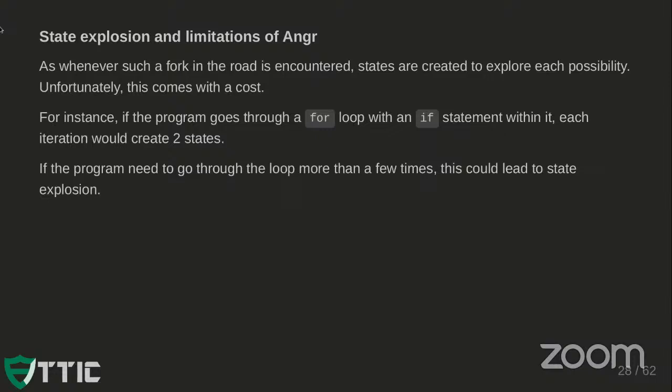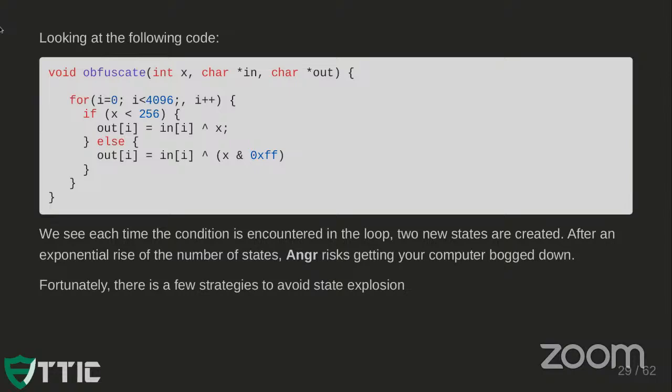Let's look at this example. Yes, this check could be optimized out of the loop, but that's not the point. Let's say you have a check that you must do inside the loop. The first time you do it, it will create two states, and at the second iteration, each state will go through the loop again and create two more states.